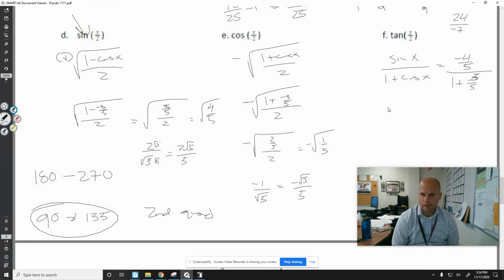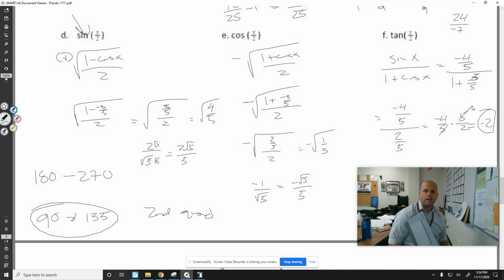This becomes -4/5 over 5/5 plus -3/5, which is 2/5. This is -4/5 times 5 over 2, which is just -2. The 4 and the 2 cancel.